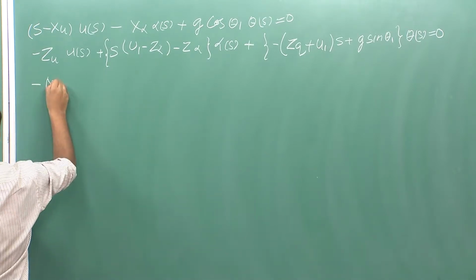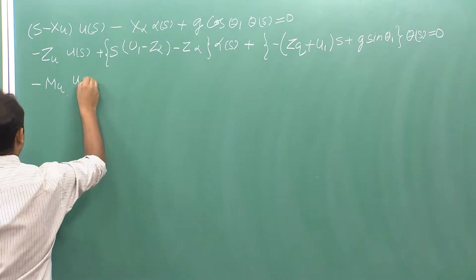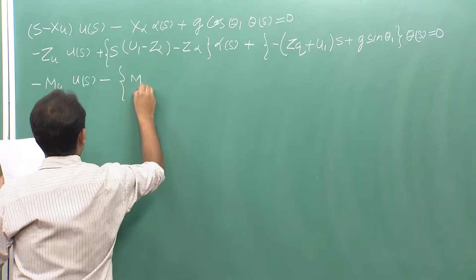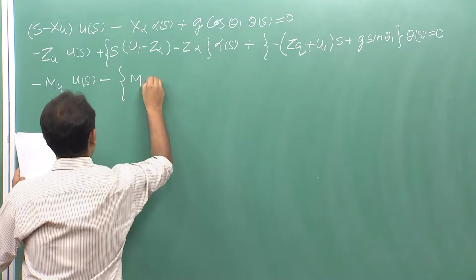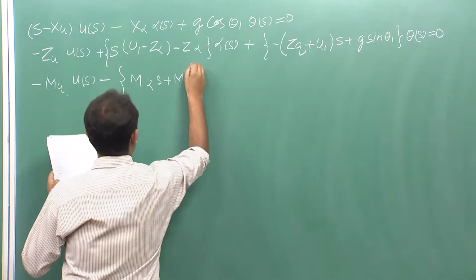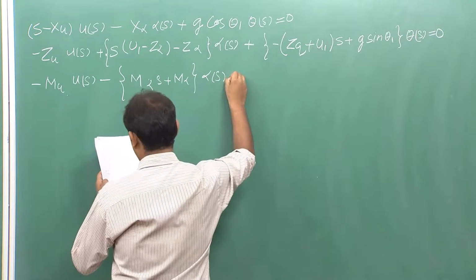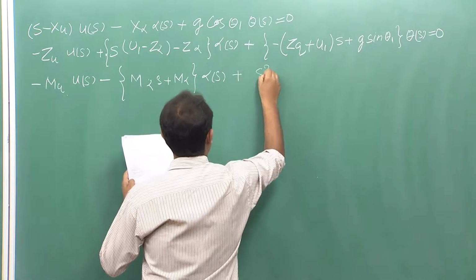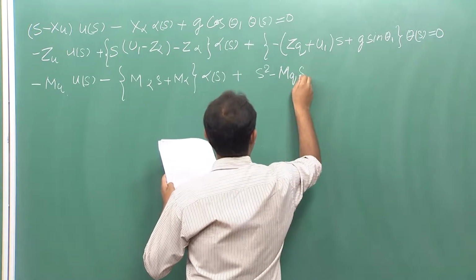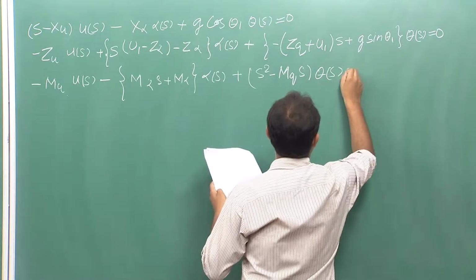And the third: minus m u into u of s, minus m alpha dot s plus m alpha into alpha of s, plus s square minus m q s into theta of s equals 0.